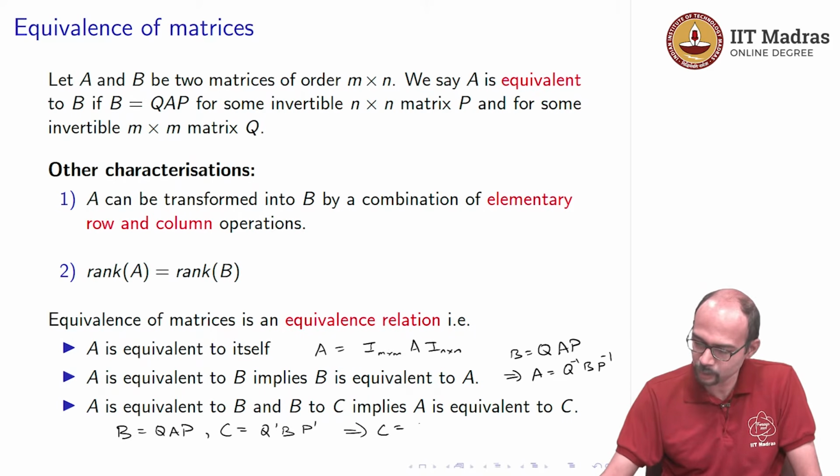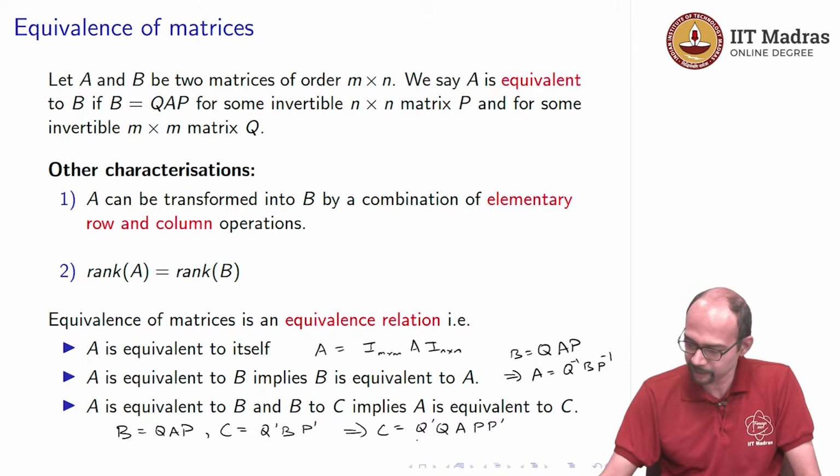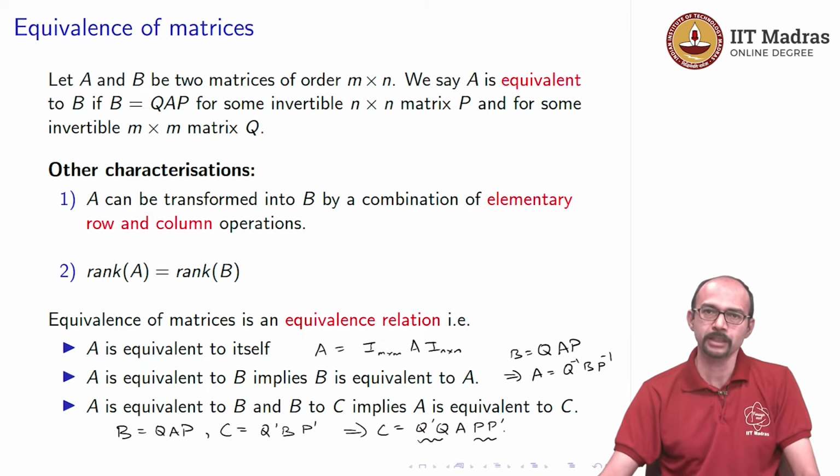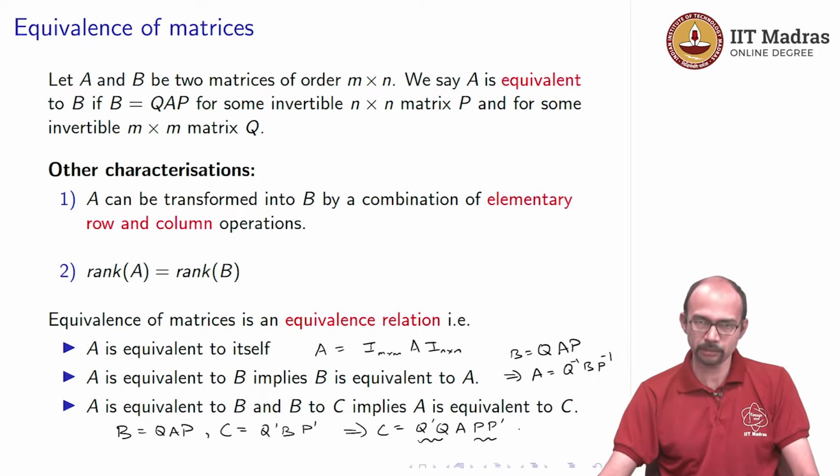So, C is equal to Q prime times Q times A times P times P prime. And now Q and Q prime are invertible, that means this product is invertible. Similarly, P and P prime are invertible, so this product is invertible. So, I have an invertible matrix on the left and on the right, which I can multiply to A in order to get C. So, that is why A is equivalent to C.